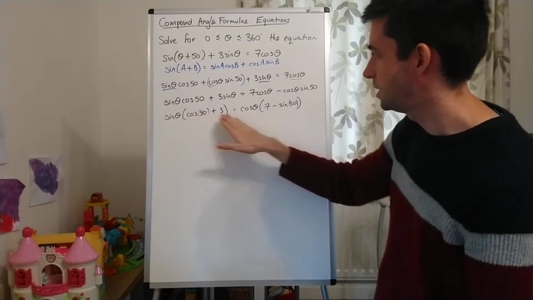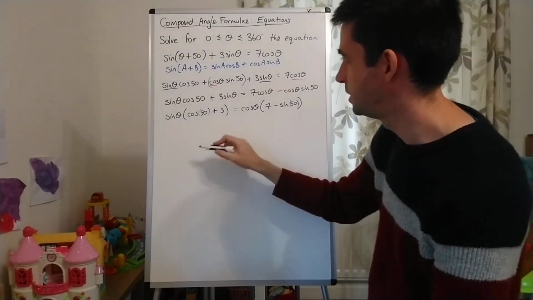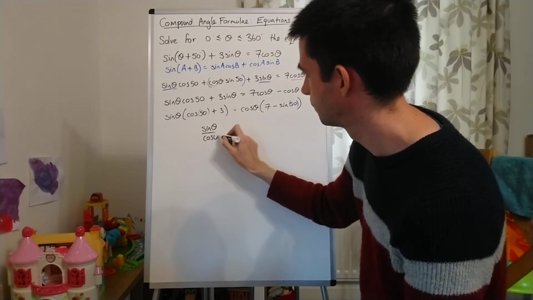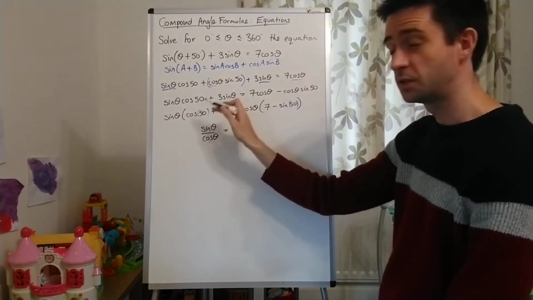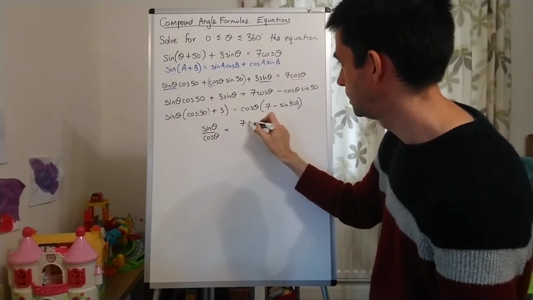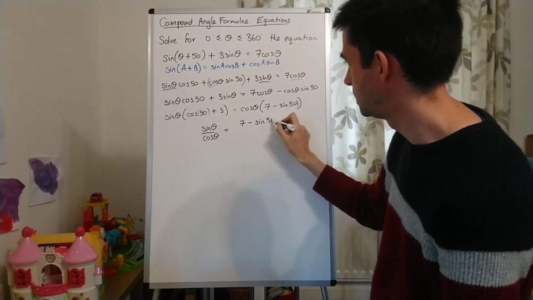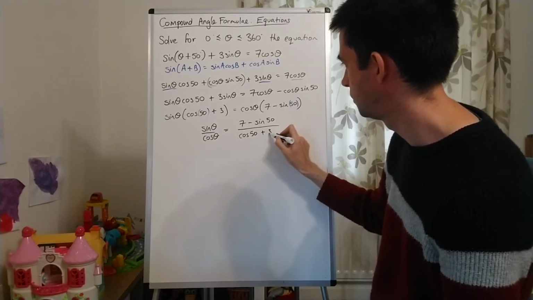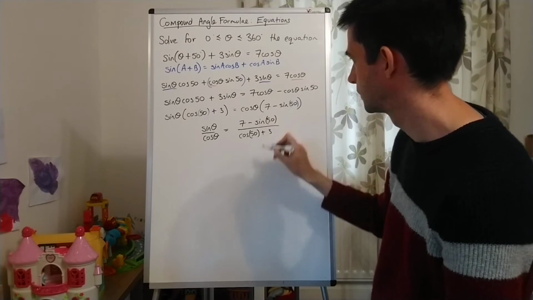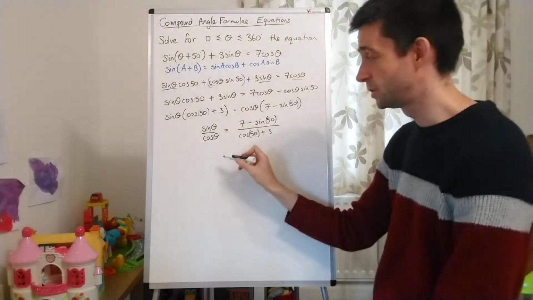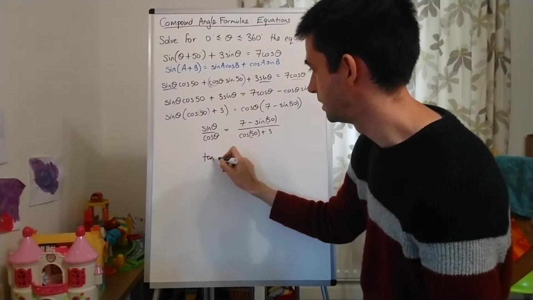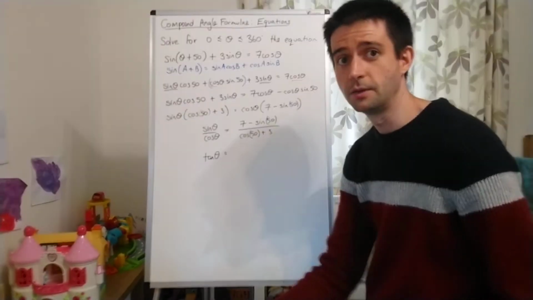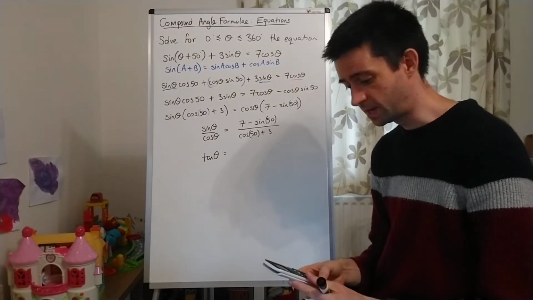Now, sin θ over cos θ. So if I divide both sides by cos θ to get to sin θ over cos θ, I would also need to divide both sides by this number here to get (7 − sin 50) over (cos 50 + 3). Sin θ over cos θ is tan θ, that's the identity that we're using. (7 − sin 50) over (cos 50 + 3) is a number.